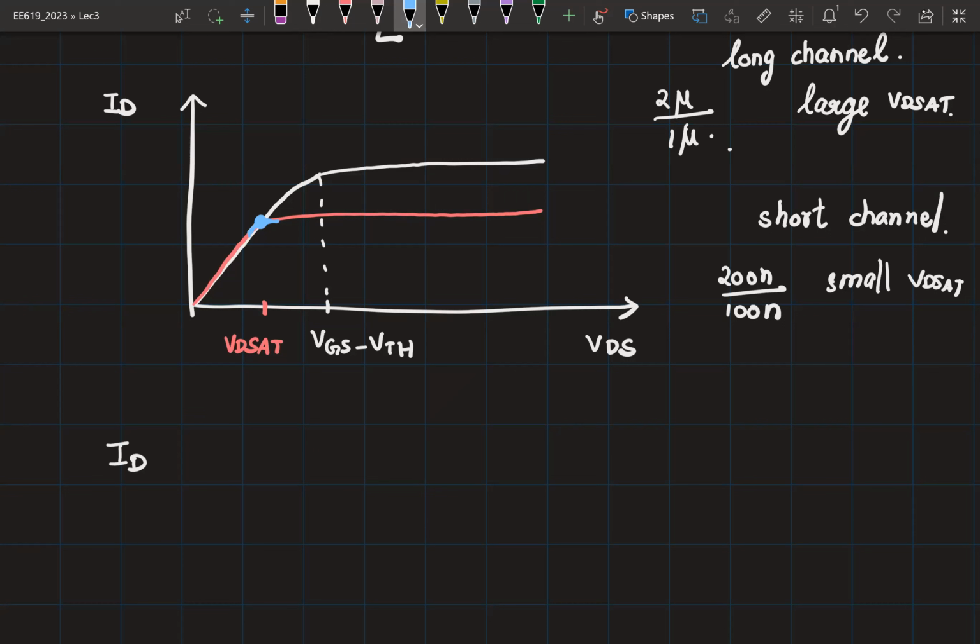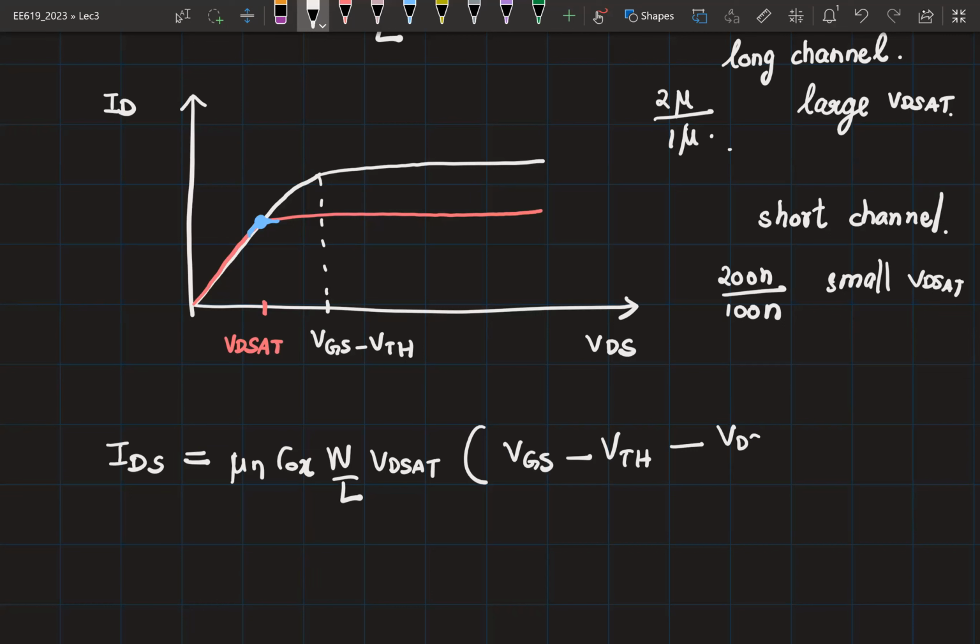So you plug in the value of VDS equal to VDSAT in the linear region equation, and we know that that current will remain the same throughout. So can you tell me the equation for current? Mu n COX W by L VDSAT into VGS minus VTH minus VDSAT by 2.